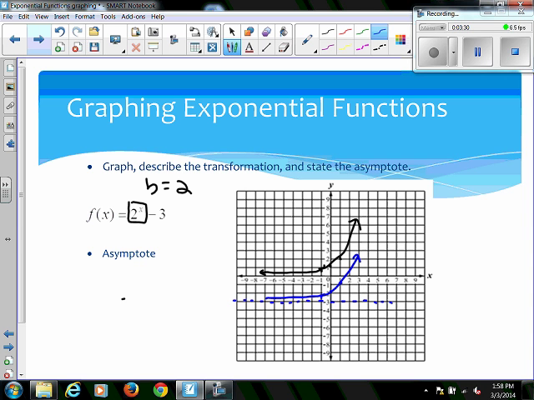And I should be drawing my asymptote with a dotted line. Asymptote is y = -3. My description here for the transformation is a vertical shift down 3 units.